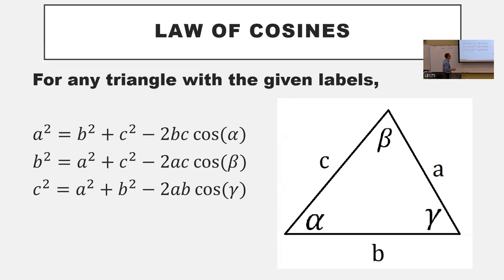And what you'll see is this. The side opposite the angle. Let's do the first one. So like a squared, a is opposite alpha. So we get a squared is equal to b squared plus c squared minus 2 times b times c times the cosine of alpha.